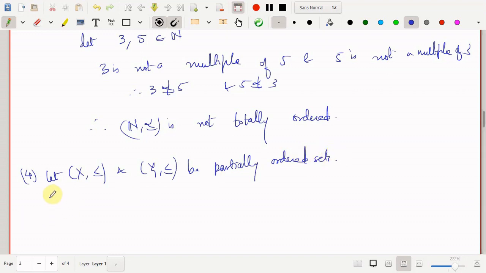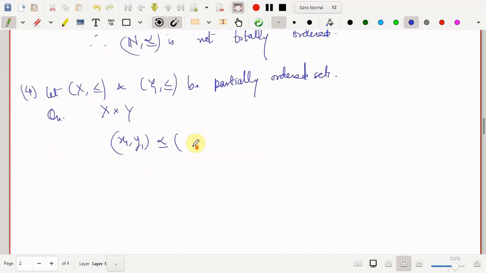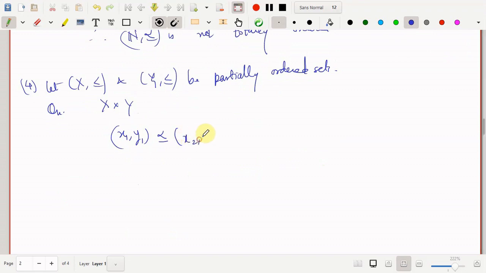So on X cross Y, we define a relation in this way. I'll use a different notation for the relation, as the earlier one is already used. (x1, y1) is related to (x2, y2) if and only if either x1 is related to x2 and it is not the same, or x1 is equal to x2 and y1 is less than or equal to y2.